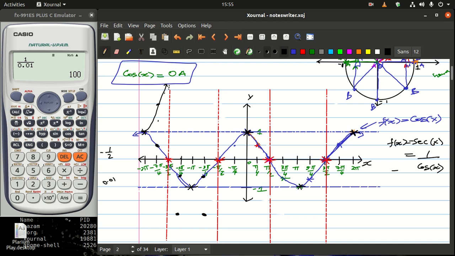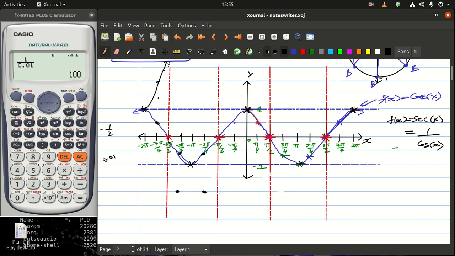If I pick another point that is close to 0 but negative, I will get minus 100. Or if I pick a point here, which is minus 1 over 4, 1 divided by minus 1 over 4, I will get minus 4, which is somewhere down there. And also, if I pick a point somewhere there, I will get something like this. And this is telling you that you have a shape that is moving this way.